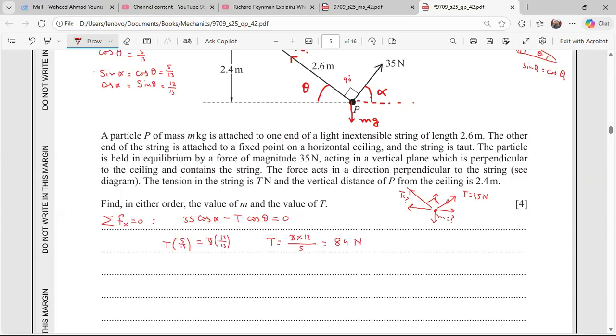Okay. Now I will use this equation. The sum of all forces along y-axis is 0. What does it mean? There are two forces in the positive y direction, one force in the negative y direction.